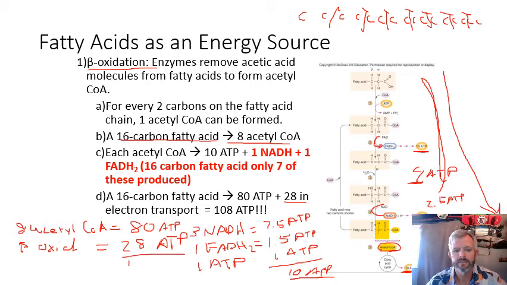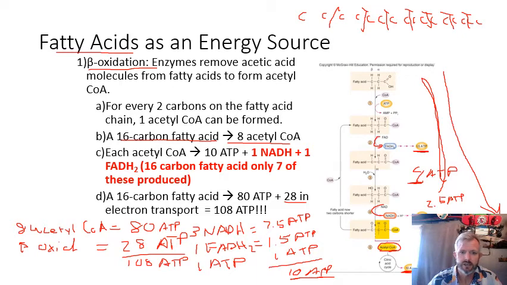And that gives us roughly 108 ATP. What do we get from breaking down glucose? About 30 to 32 ATP. So roughly we're getting almost 3 times the amount of ATP from each fatty acid that we break down.